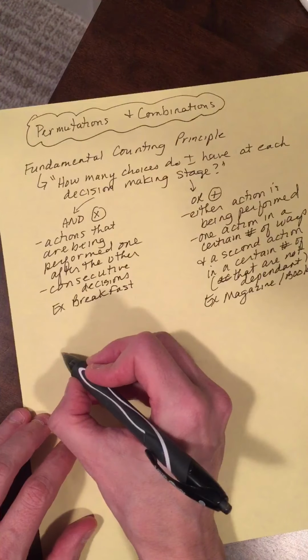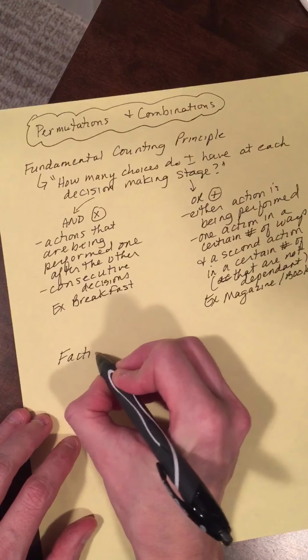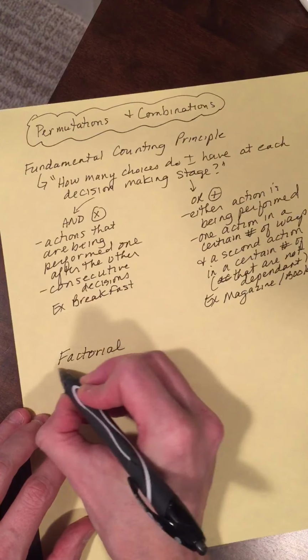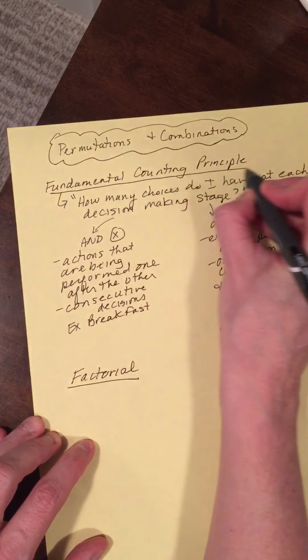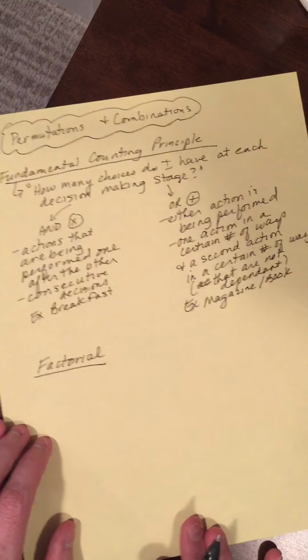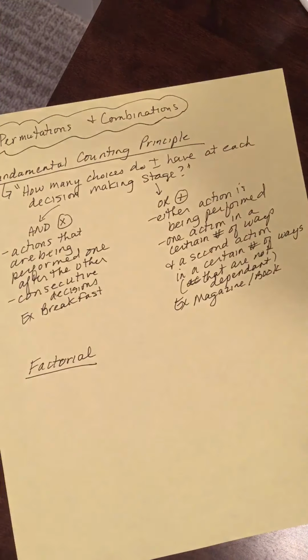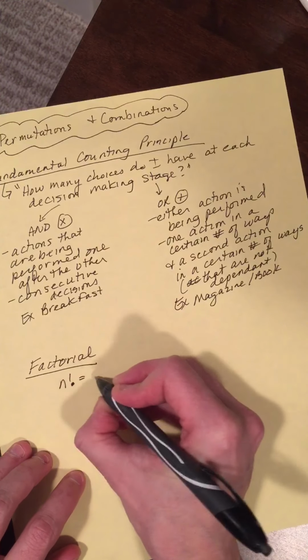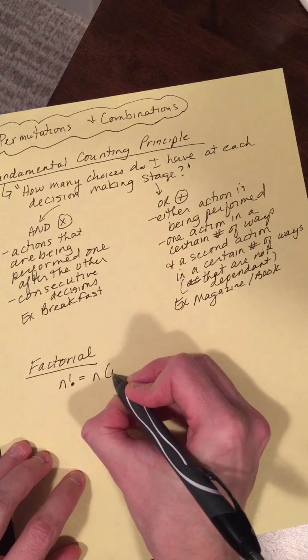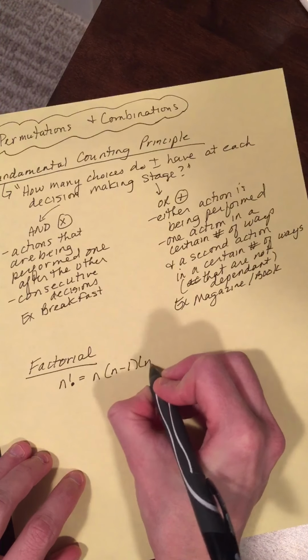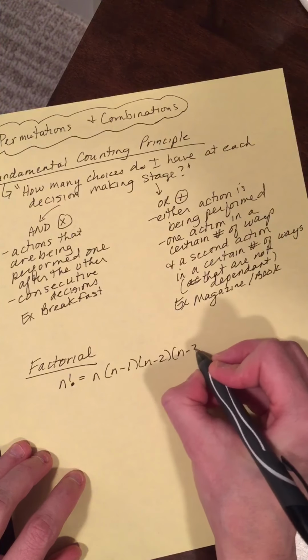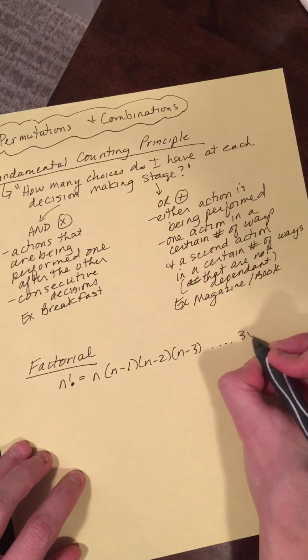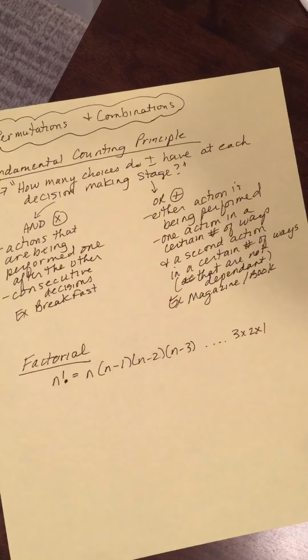The second major concept that we covered, and again, we spent easily a couple days on it, was factorials. And the formula for factorials that we have to have memorized is n factorial equals n times n minus 1, n minus 2, n minus 3, ... 3, 2, 1.